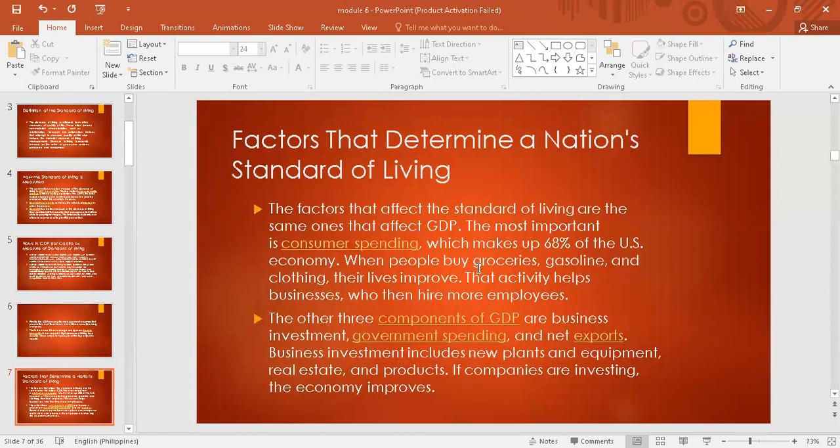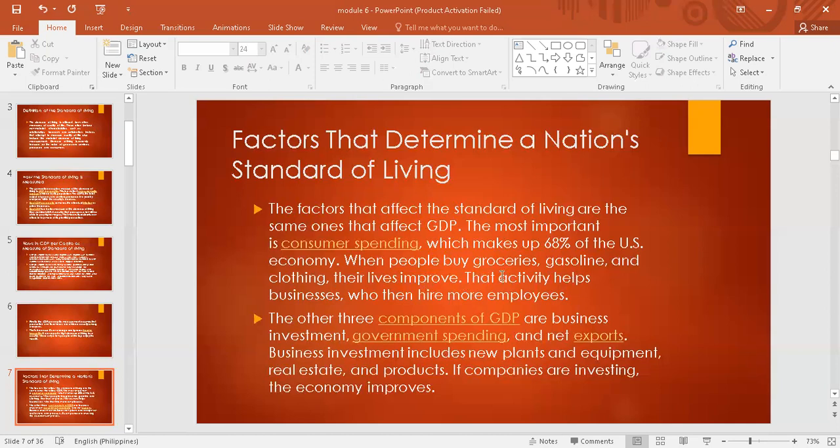When people buy groceries, gasolines, and clothing, it improves their life, di ba? It improves their lives. Halimbawa, sa bahay natin walang TV, pero may pambili naman tayo ng TV. Okay? It improves our life. Halimbawa, para mas mapadali ang buhay, mas maging healthy ang mga family members mo, you buy healthy foods, no? You purchase something that will make your life easier.